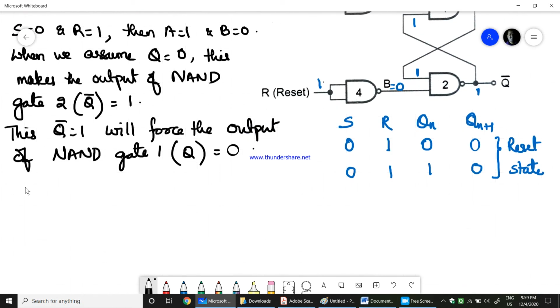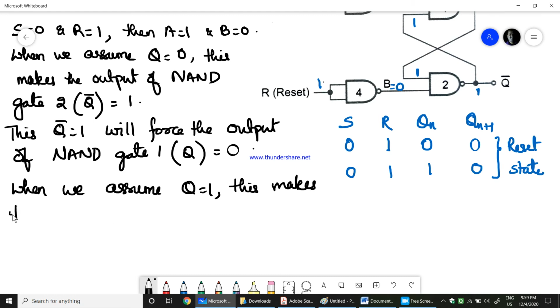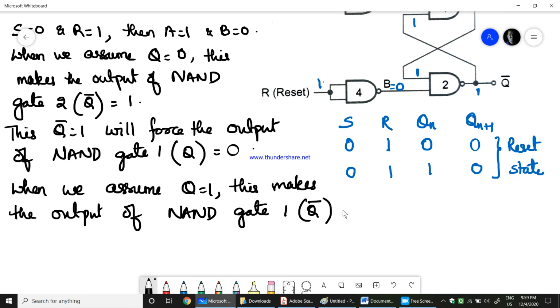Now when we assume Q to be equal to 1, this makes the output of NAND gate 1, which is Q bar, equal to 1 again.